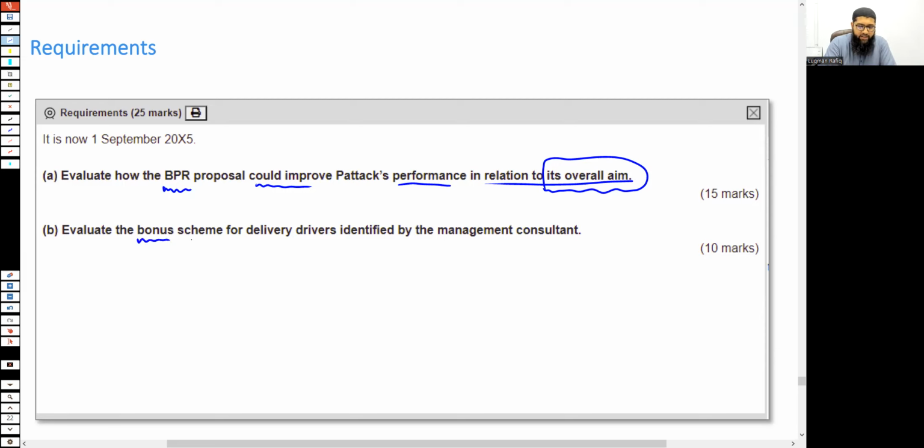Second is evaluate the bonus scheme for delivery drivers identified by the management consultant. These are the two things that you have to do.